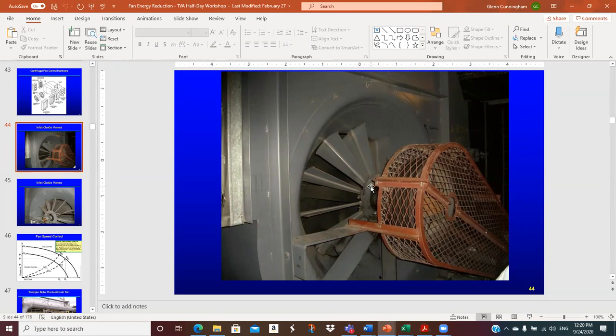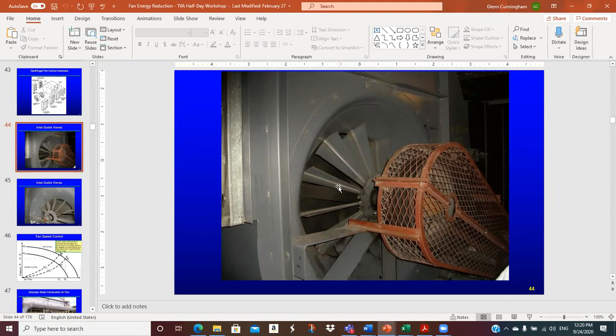If you want more airflow, you open these up and they become kind of parallel, and the air coming in just hits the side of the blade, so you get the maximum out of the fan you can. If you want less, you start turning these things sideways, and they all turn together.